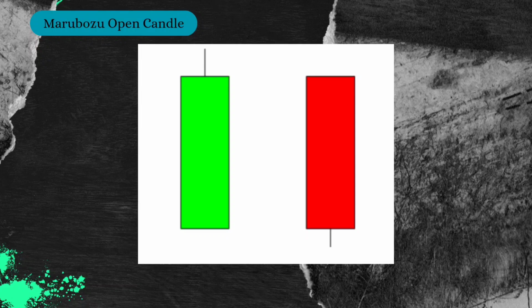That means if the candlestick is a bullish opening Marubozu, there will be a shadow on the upper side and no shadow on the lower side, because we know a bullish candle starts from the lower side and ends on the upper side. Similarly, if the candlestick is bearish, the wick or shadow will be on the lower side, and there will be no shadow on the upper side, because a bearish candle opens from the upside and closes on the low side. Is it clear?